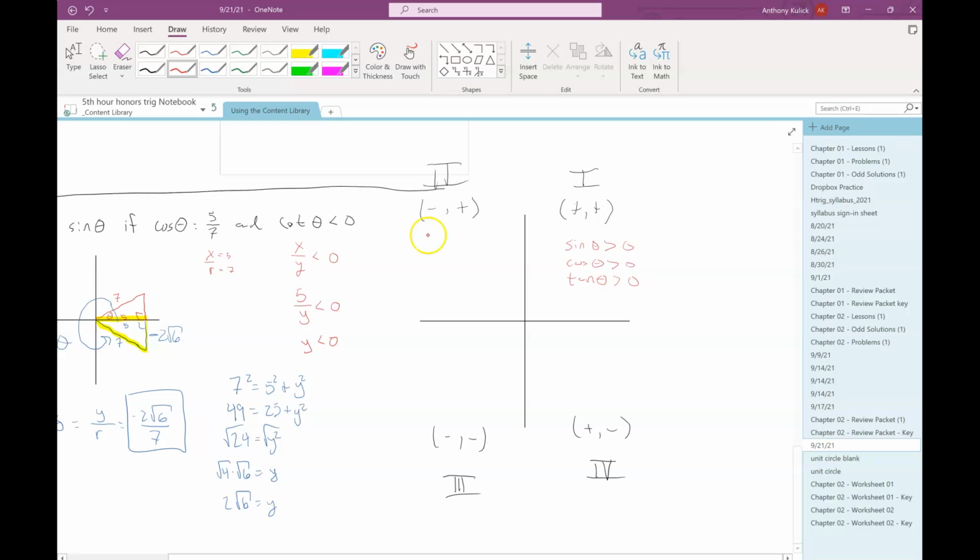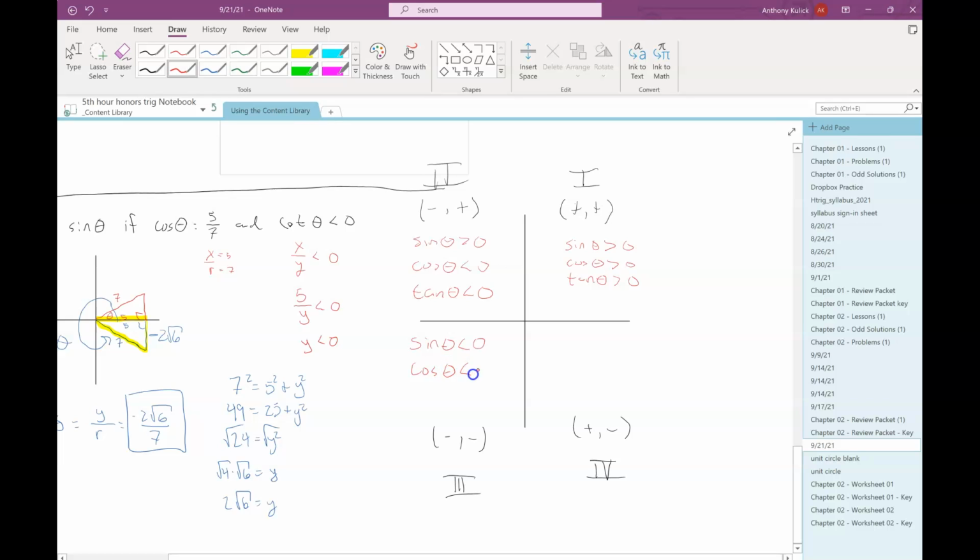Okay. In the second quadrant then, sine, which is y, is positive. Cosine, which is x, is negative. And tangent, which is y over x, is positive over negative, which is negative. In the third quadrant, sine, which is y, is negative.